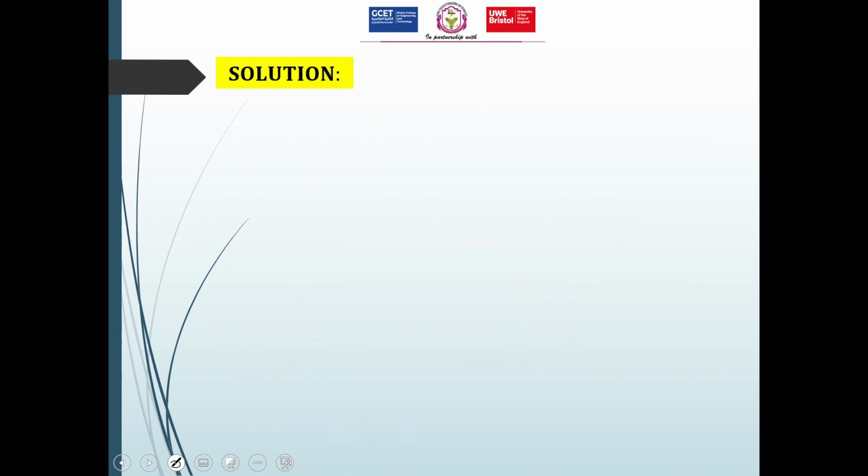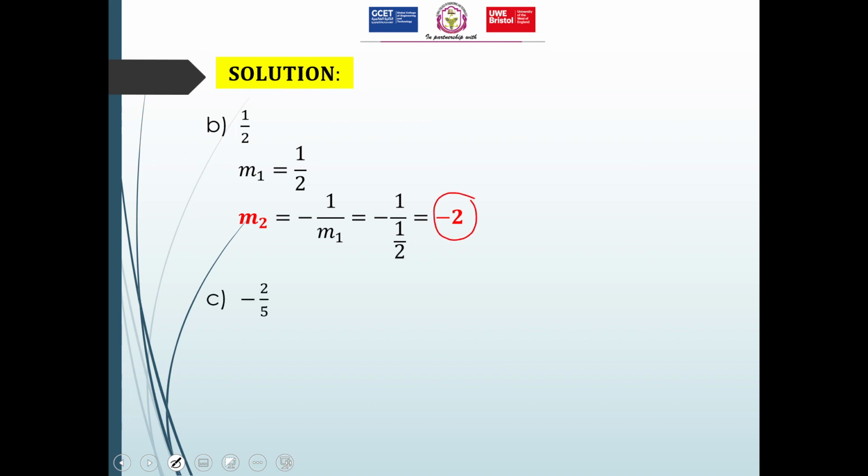For letter B, the given gradient is 1/2. We will find the perpendicular for this. So minus 1 by 1/2, it is minus 2. If it's minus 2/5, so it is perpendicular. So you apply minus 1 by the gradient of the first line. So you will have 5 by 2.